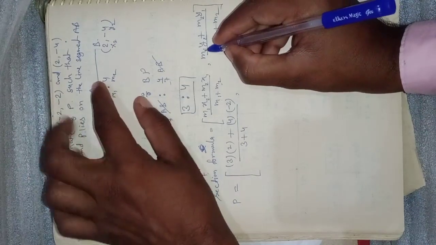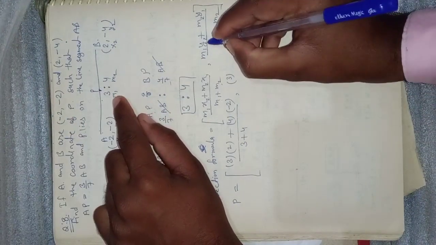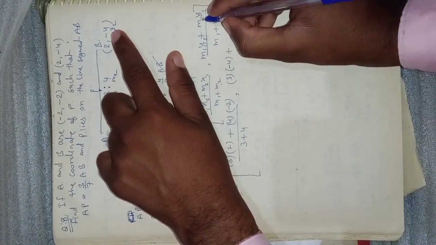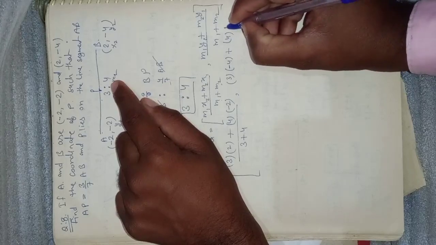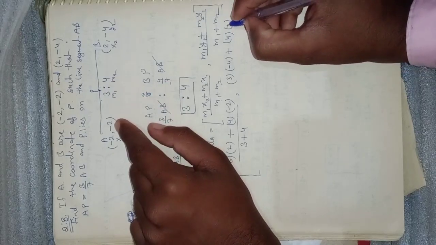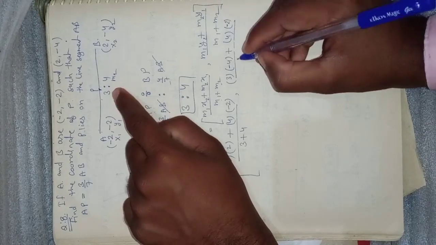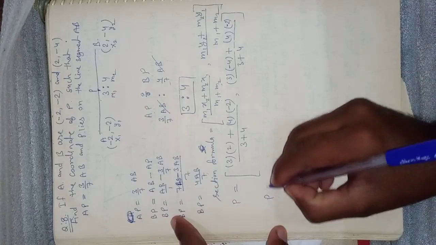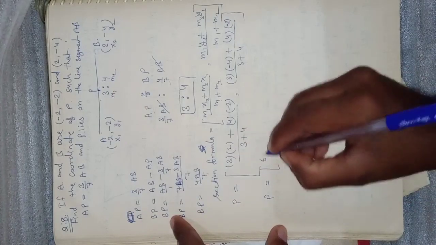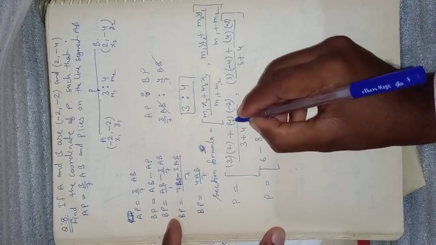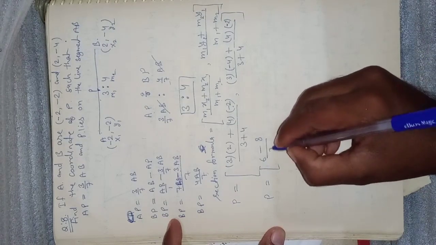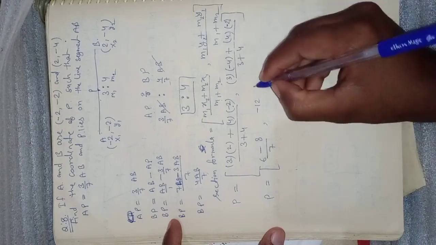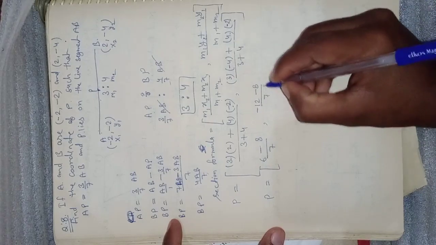comma, m1 value is 3, y2 value is minus 4, plus m2 value is 4, y1 value is minus 2, upon m1 plus m2, 3 plus 4. Now solve. 3 times 2 is 6, 4 times 2 is 8, minus 8, upon 7. 4 times 3 is 12, minus 12, and 4 times 2 is 8, minus 8, upon 7.